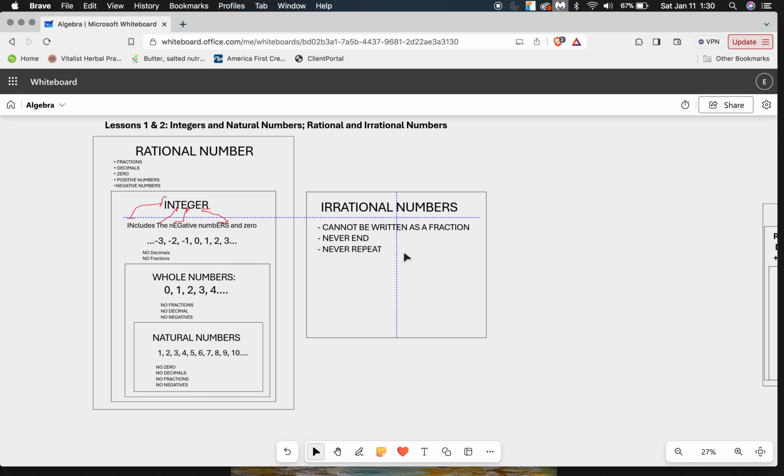Your examples of such numbers would be things like pi. I don't know how to write pi on a keyboard, so pi is the number that looks like this and helps us solve circle problems. Another irrational number is the square root of 2.